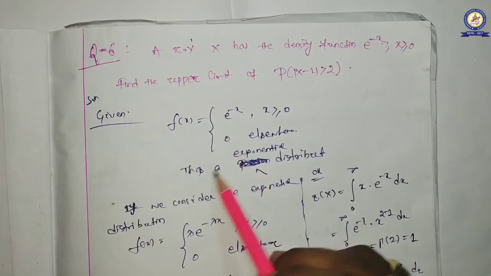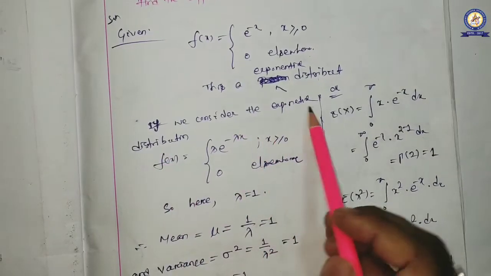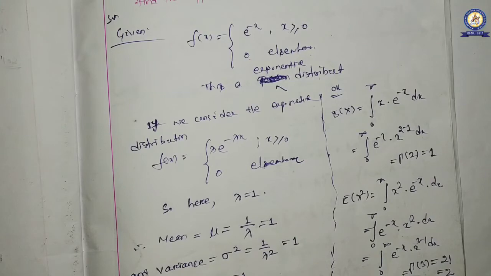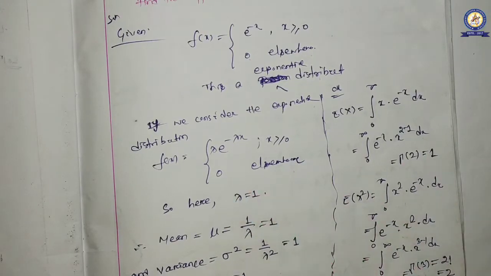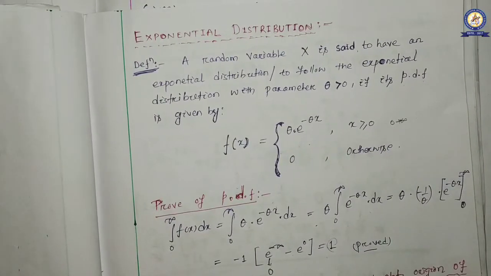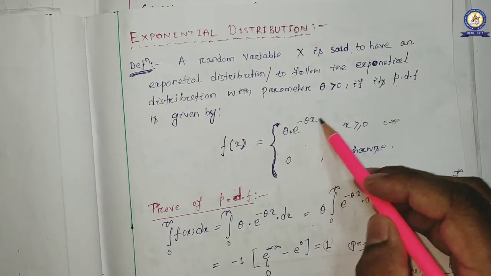This is an exponential distribution. If we consider the exponential distribution, you can check my playlist of this probability statistics. I uploaded a video about the exponential distribution also. You can see that for the exponential distribution, the density is theta into e to the minus theta x.